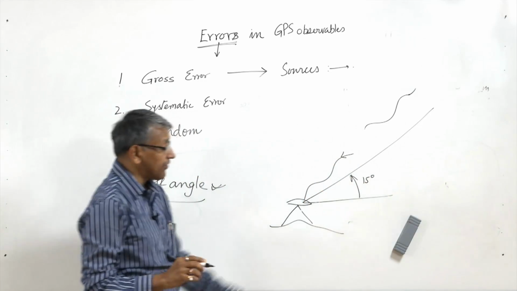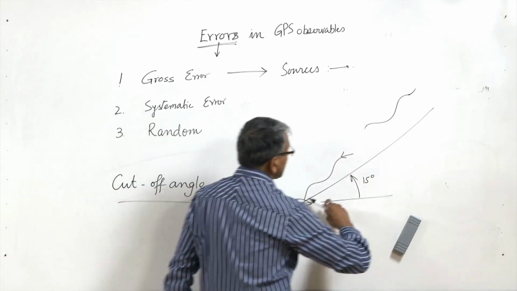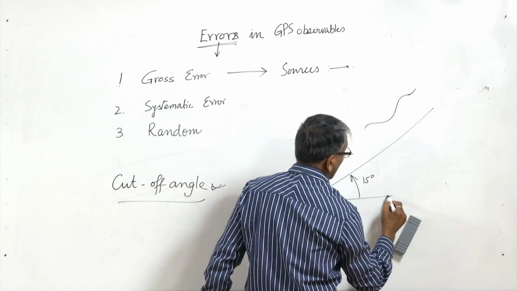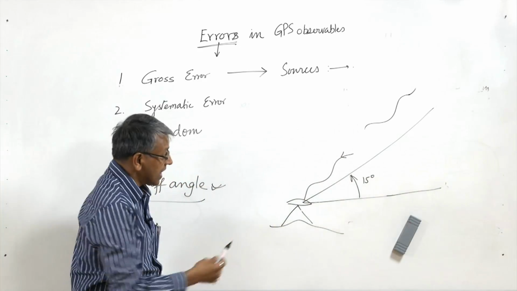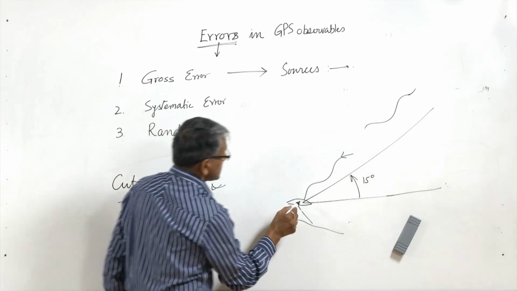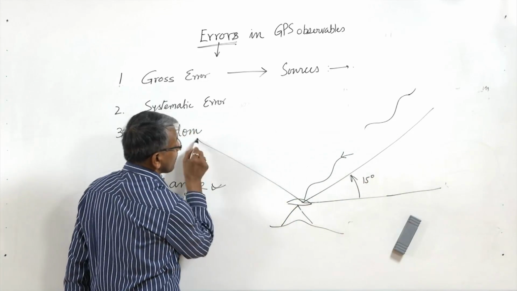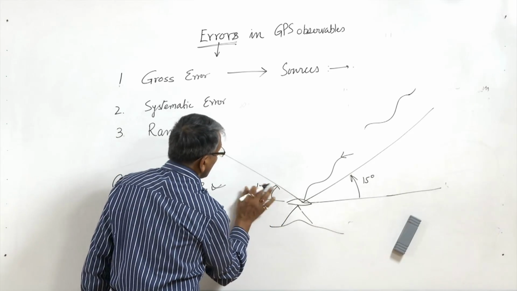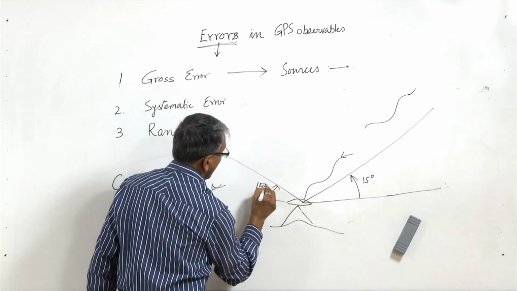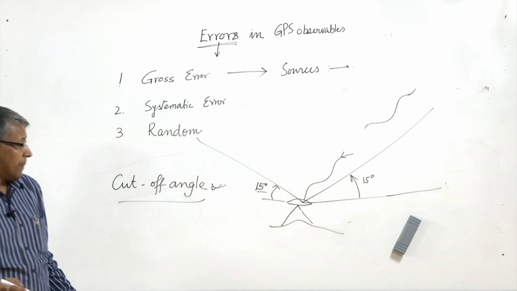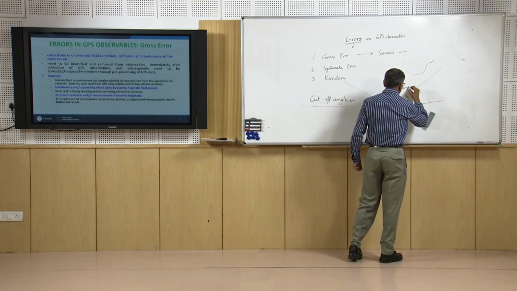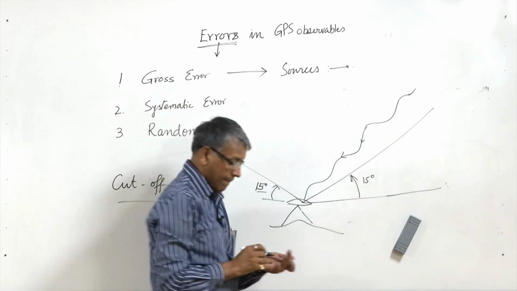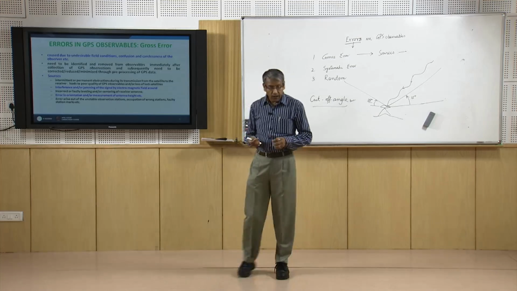We should see in the field that if we take a line at 15 degrees from horizontal, there should not be any obstruction like this. So this is the cutoff angle. In that case there will be less possibility to get obstruction.